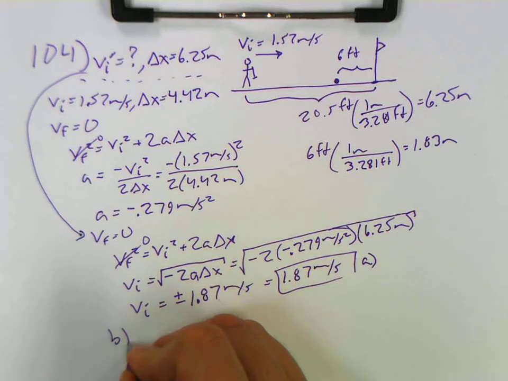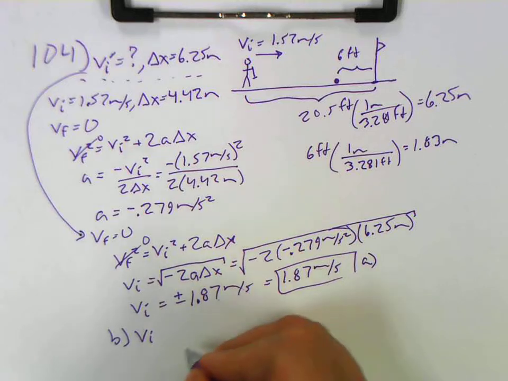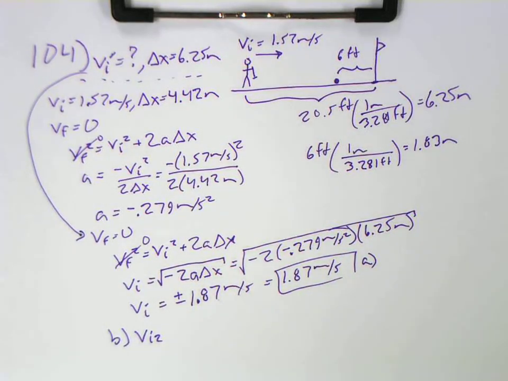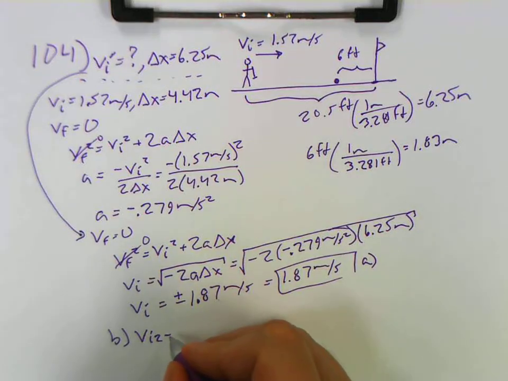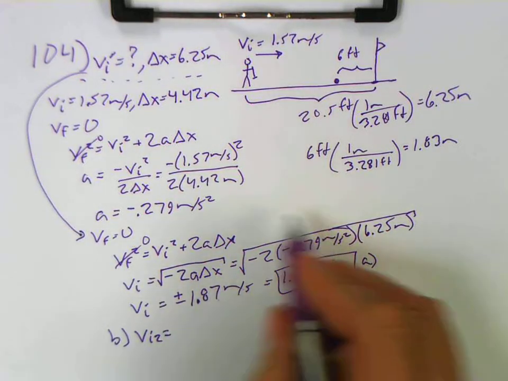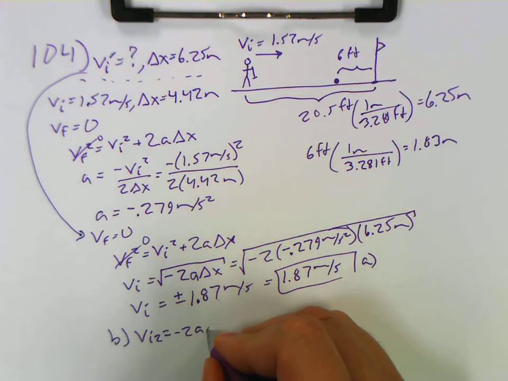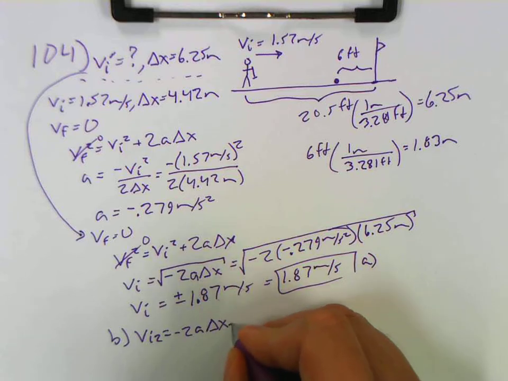So for part B, the V initial for the second shot, so I'm going to put a sub 2 there, is equal, I've already solved it before, so I'm not going to resolve it, negative 2 times the acceleration times the displacement for that second shot.